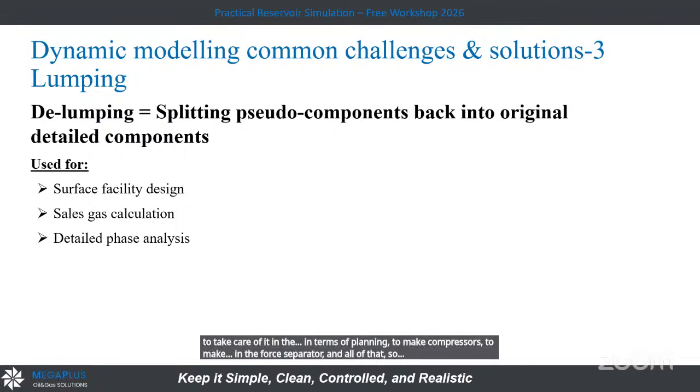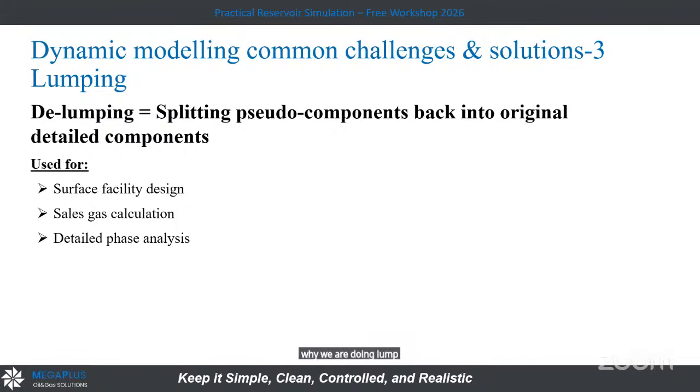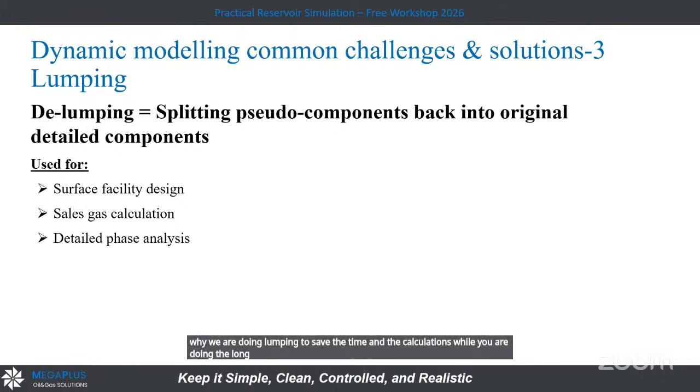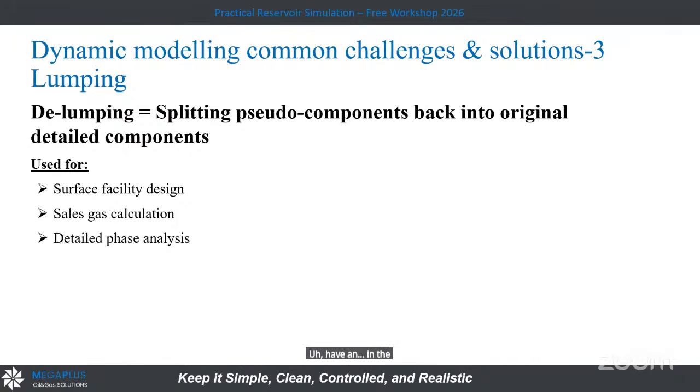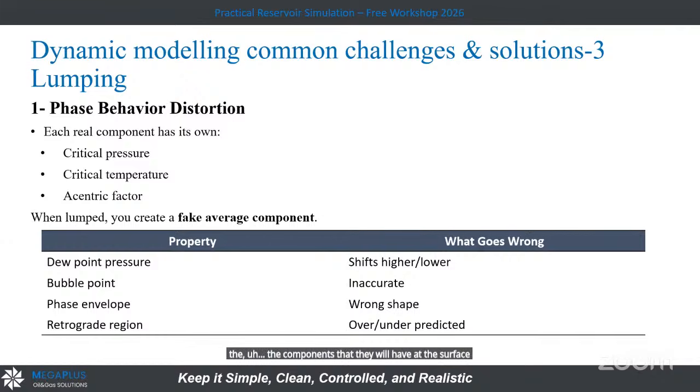So why are we doing lumping? To save time and calculations. And for surface facilities and production to know the structure, so they could have an expectation in the forecast of the components that they will have at the surface.